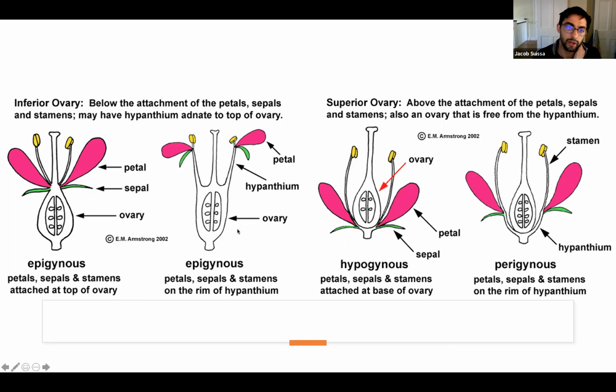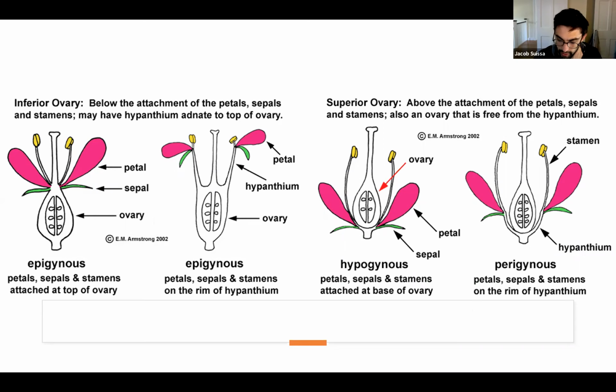And then on the other hand, we have inferior ovaries, right, where the ovary is below the floral parts. And you can just see that here really nicely. And there are ways when looking at the fruit to actually tell whether it's an inferior ovary or a superior ovary. And I'll get into that.